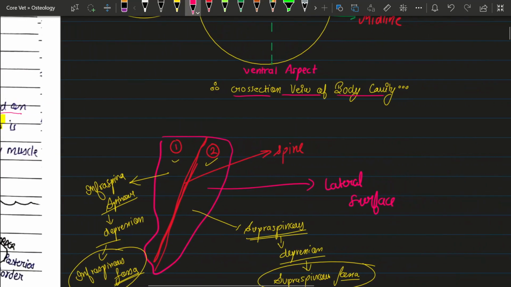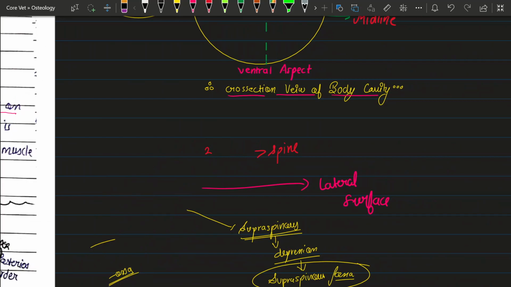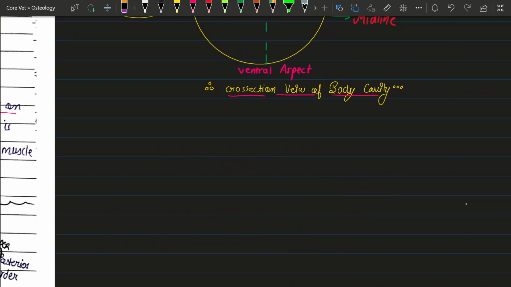If we talk about the medial surface, consider this as the scapula, and it is the medial surface, right?